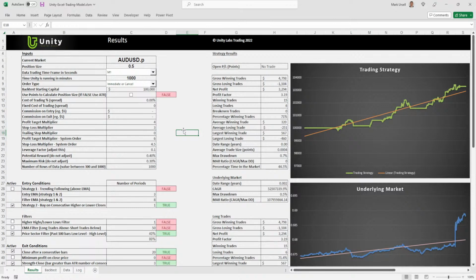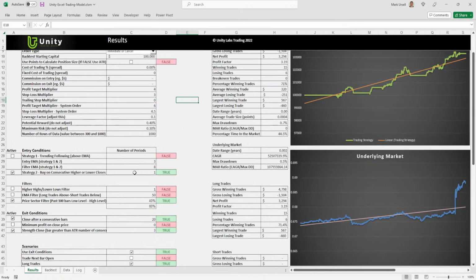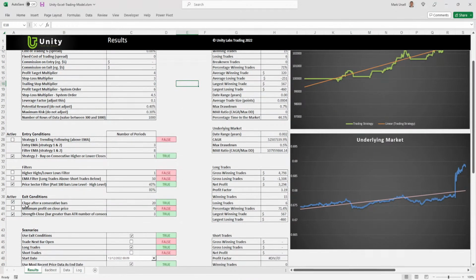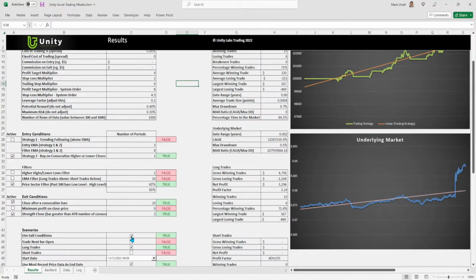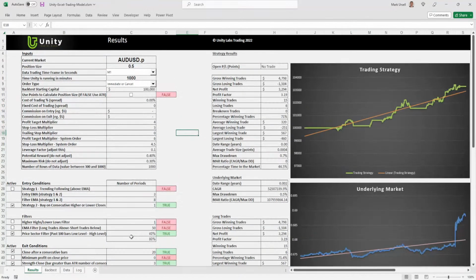I chose my direction first of all, and then because it's just a simple Excel model, you can just go and select whether you want to do long or short trades. Now, I like to have a directional bias, so it's got to be one or the other. I don't mind shorts, but I prefer longs. So we're looking at longs, picked a market that looks pretty likely, and then I've simply gone on to our strategy 2.